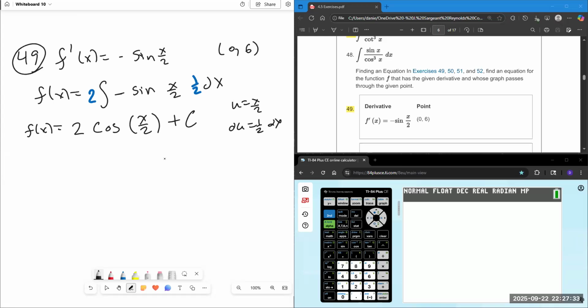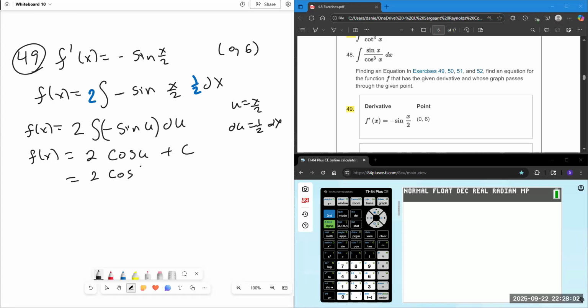And I guess I should have done u substitution there. 2 integral of negative sine u du is 2 cosine u plus c, which is 2 cosine x over 2 plus c for my f of x.